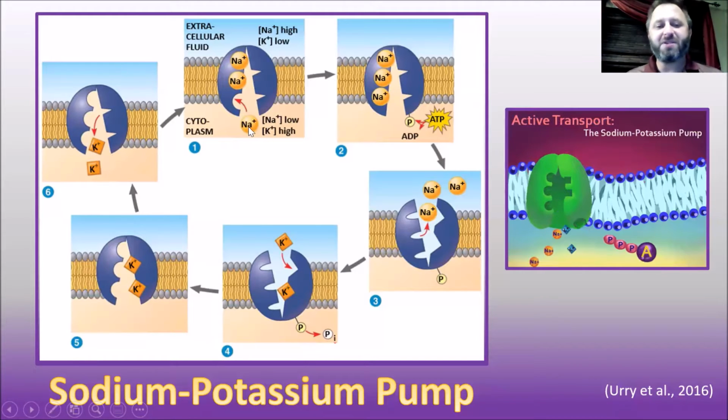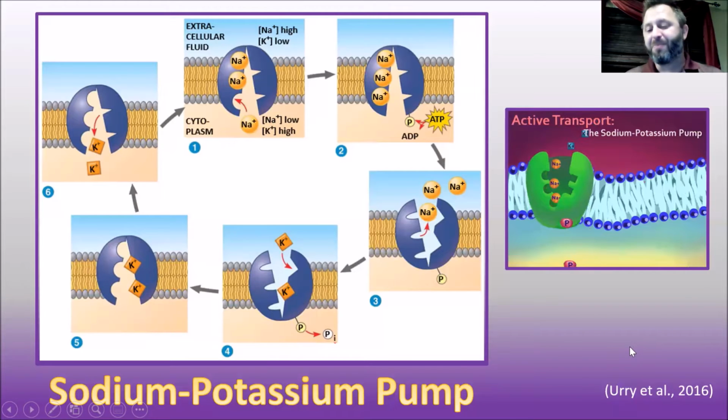So this is where we're going from an area of low concentration to an area of high for sodium, and an area of low concentration of potassium to an area of high, where energy is being used.